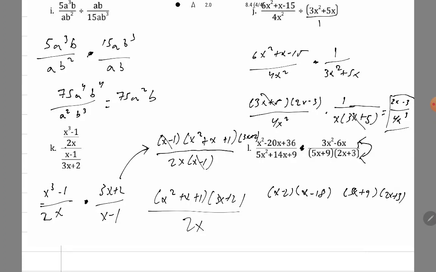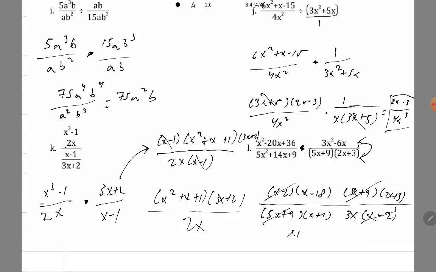And then on the bottom, we're going to have 5x plus 9, x plus 1. And then we're going to factor out a 3x from there, and get x minus 2. So let's see what we can get rid of. Get rid of that. Can get rid of that.